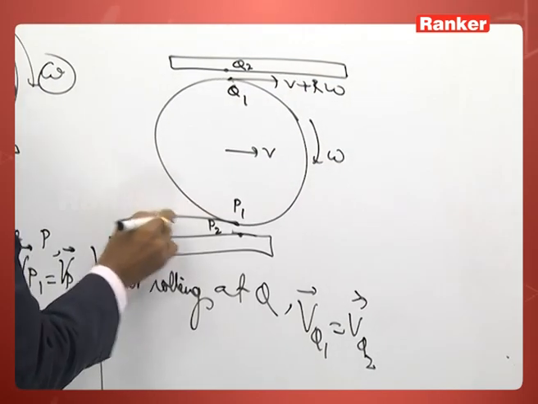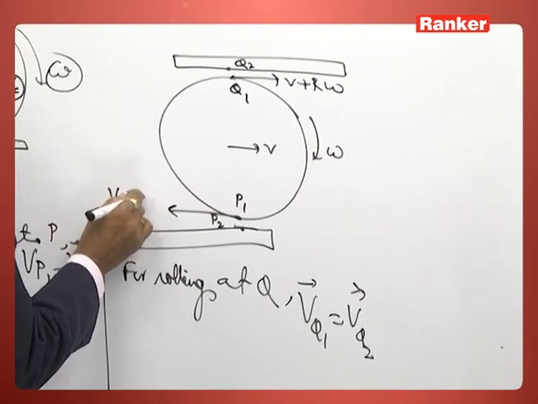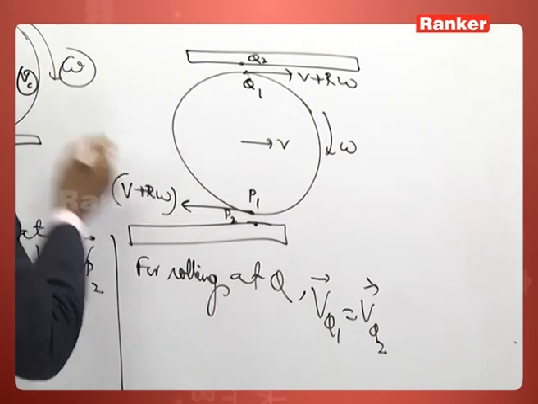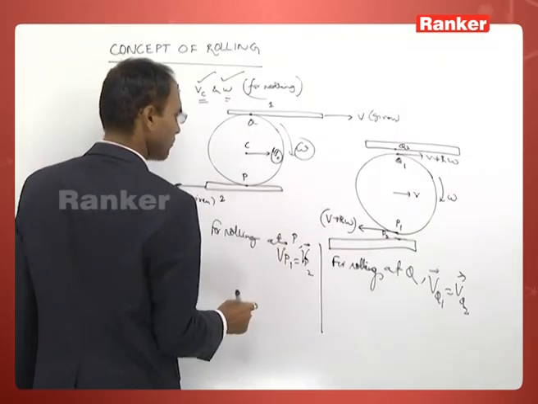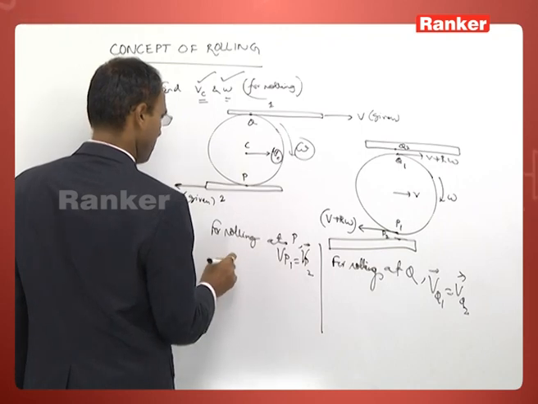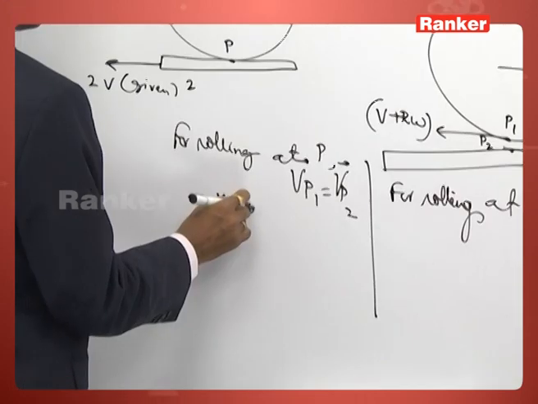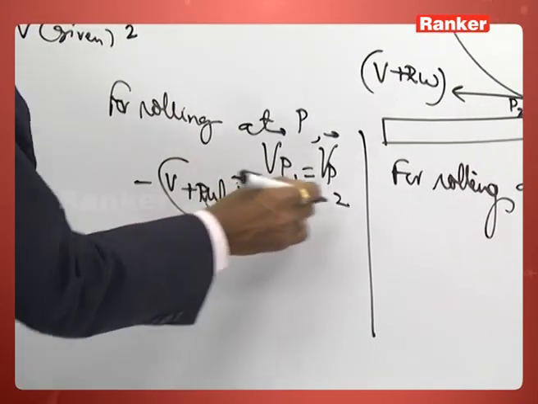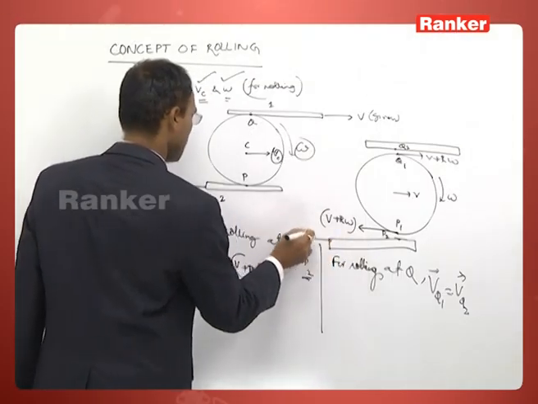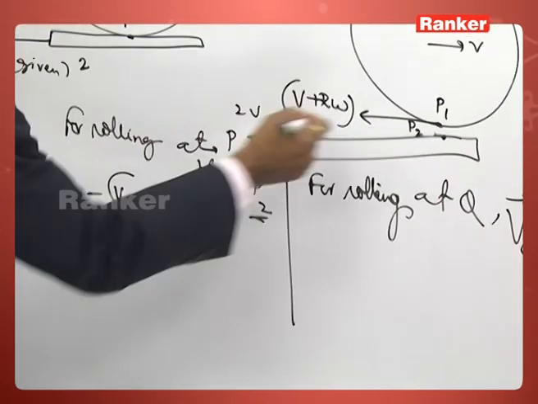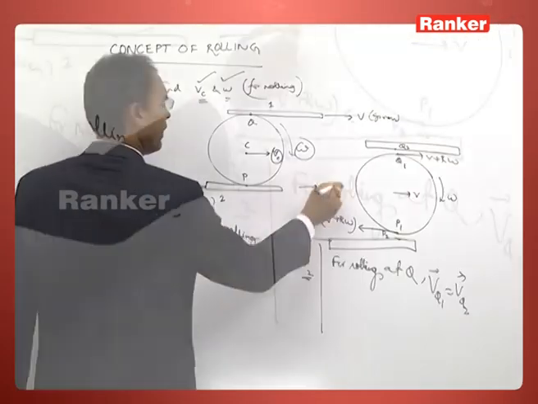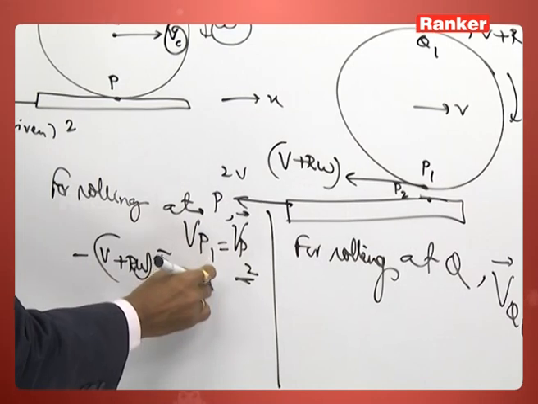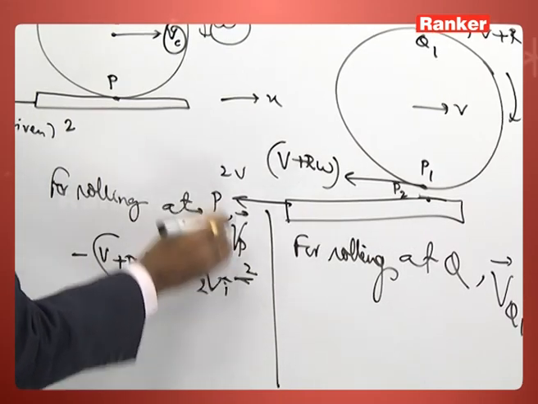So Vp1 is equal to minus (V plus R omega) i cap, and Vp2 is equal to, this is pulled in negative x direction with velocity 2v, therefore it is minus 2v i cap.